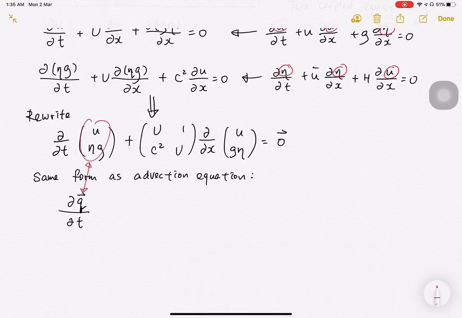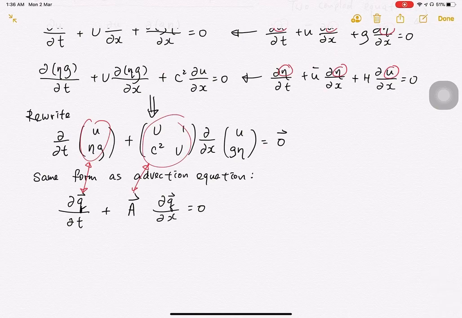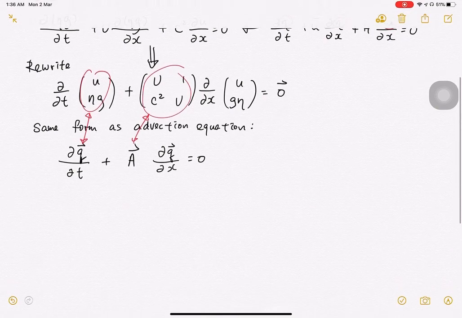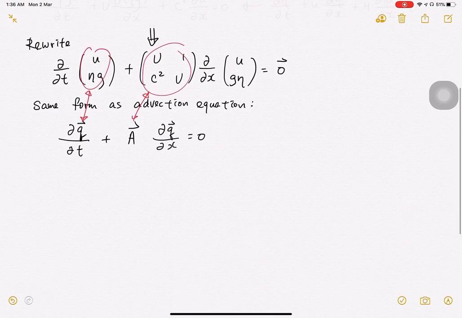Okay, plus, so this matrix is this A, okay? And then we could do something to the Q and then to A to decouple the two equations here.